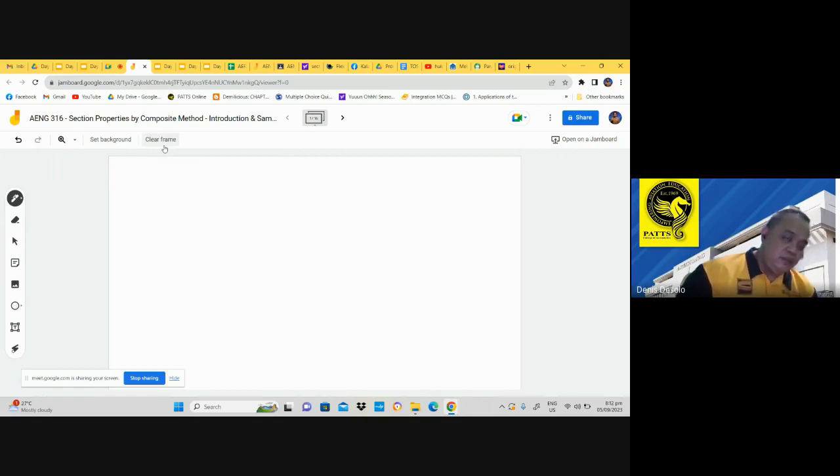Okay? Now, the third solution is the use of the Wallis formula. As you can see, before you can even use the Wallis formula, we have to check if it's applicable. How do you know if it's applicable? It should follow the format of the integrand. According to the rule, for the definite integral, the limits should be pi over 2 and 0.